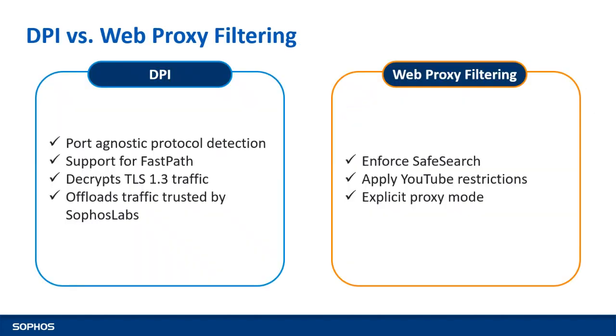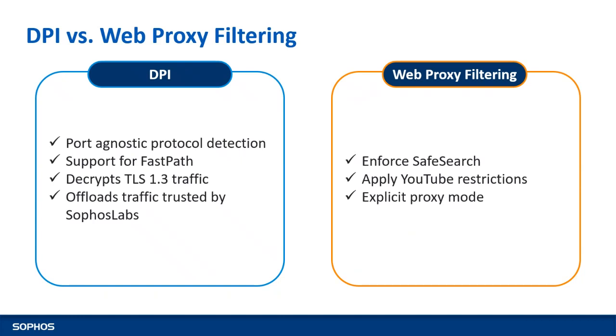The DPI, or Deep Packet Inspection engine, can perform web filtering, provided for improved performance. However, you can still choose to use the legacy web proxy. Let's take a look at some differences between the DPI and the web proxy filtering.